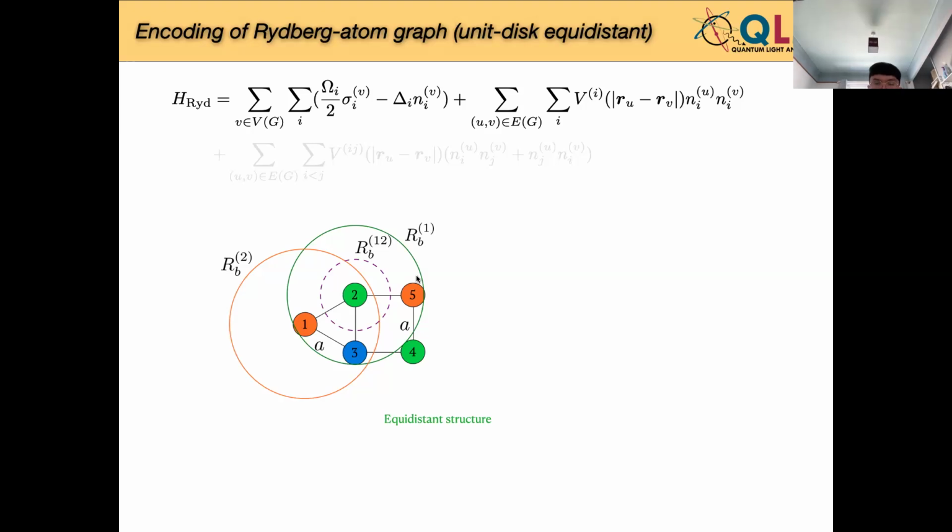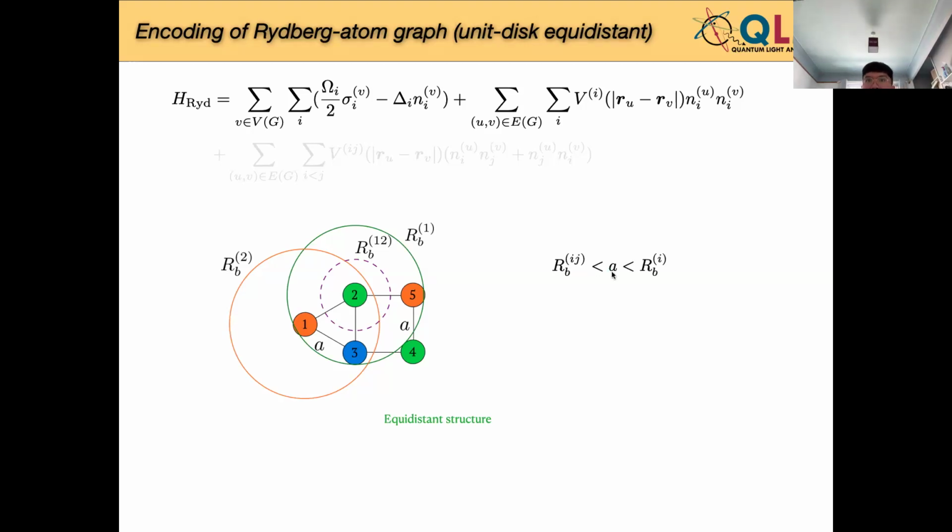If you remember, a few slides ago I showed that C6_12, even though it is negative, is much smaller than C6_1 and C6_2. And with the denominator, which is the interatomic distance, C6 over R to the 6 becomes big for C6_1 and C6_2, but small for C6_ij.